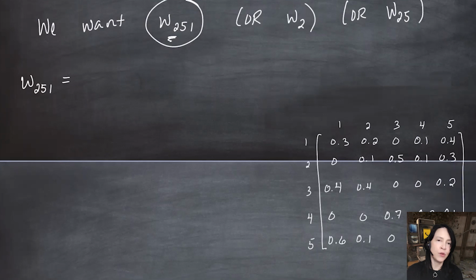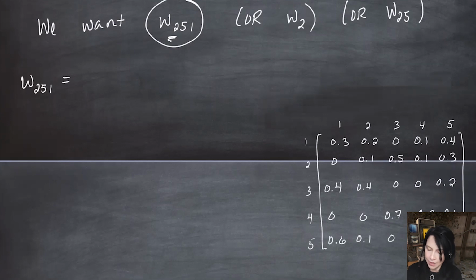But in question 1, we were just counting the number of steps it took starting at 2 to get to 1. So we cared about each and every step. But here we're going to start at 2 and go to 1, and we only care about the steps where we hit 5. And not in this matrix because there's a 0 here, but it may be possible to go from 2 directly to 1 and never hit 5, or to go from 2 somewhere else on a path to 1 and never hit 5. So there's no 1 plus in this equation.